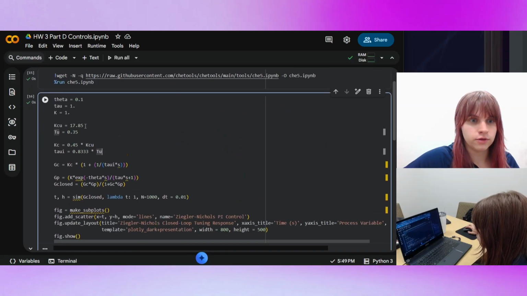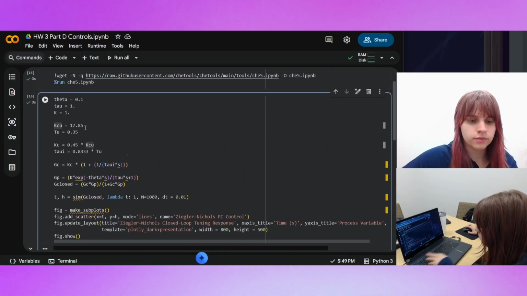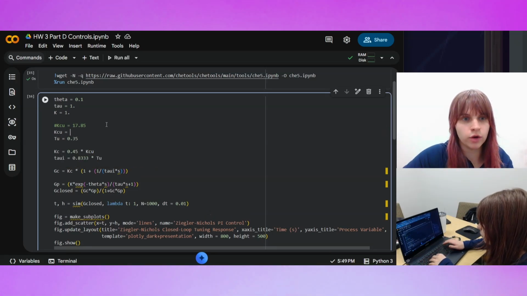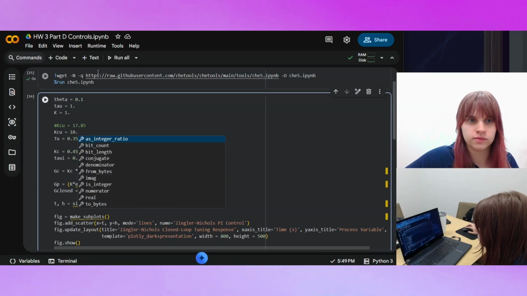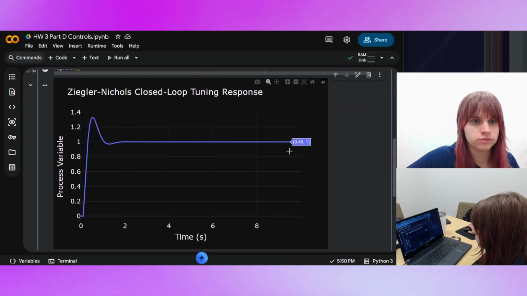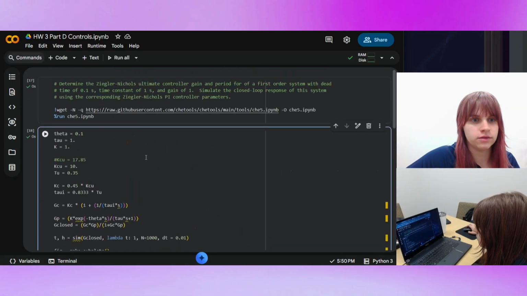Just for fun, let's set a Kcu value that we know is not correct. So let's do 10. Run that. And as you can see, we don't reach it as fast.